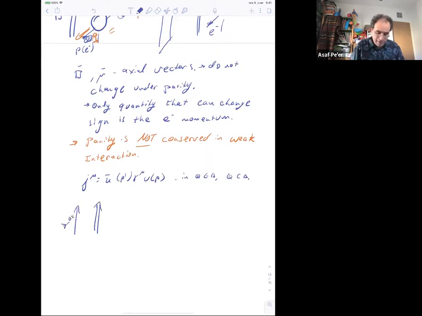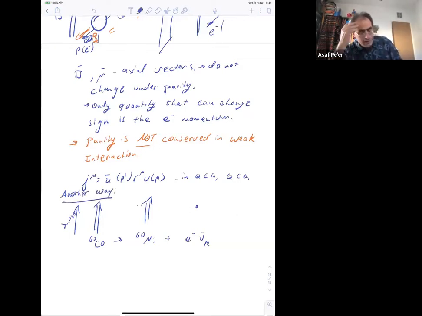If we place everything along the z-axis and we put the cobalt here, which decays into a nickel plus an electron and an antineutrino, then in order to conserve the total angular momentum, the electron and the antineutrino spins have to be oriented in the same direction, which is upward.